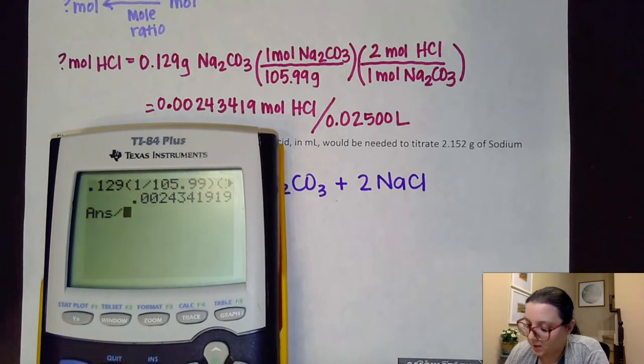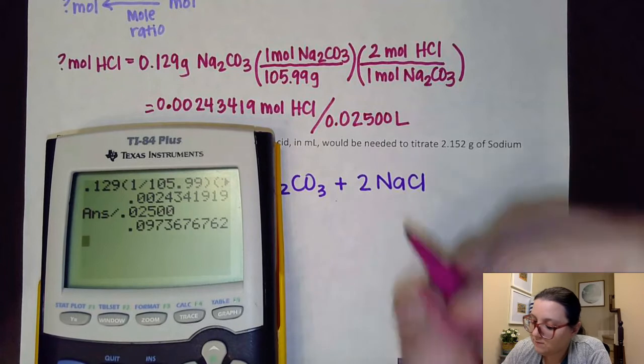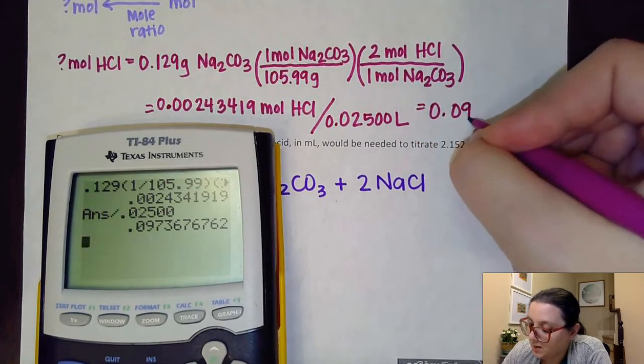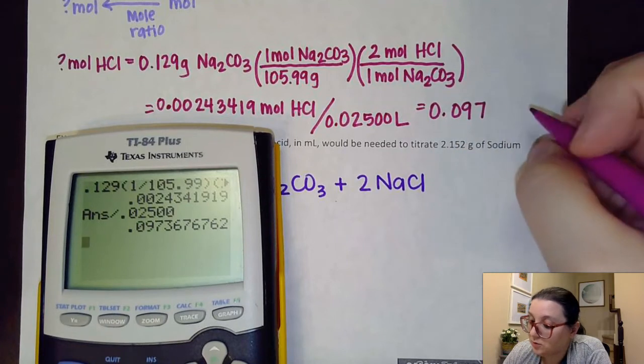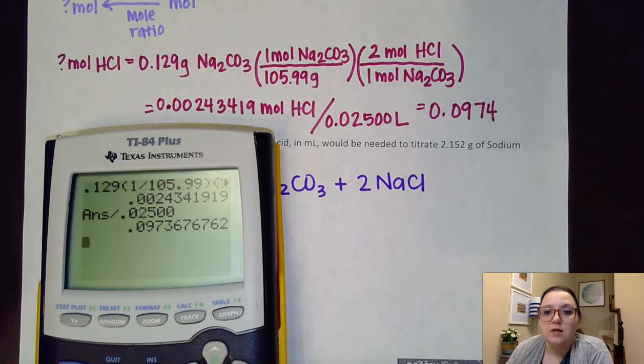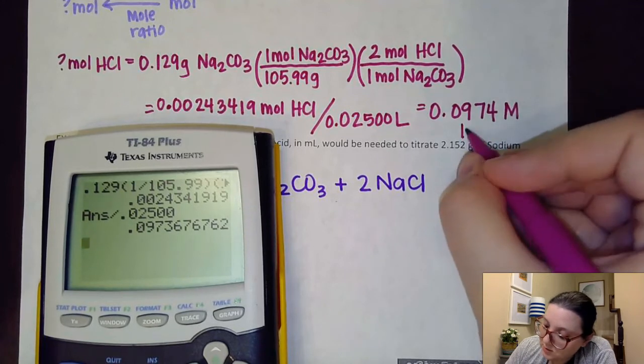So dividing it by 0.02500 would get me a value of 0.097, and I'm going to round this to 3 sig figs because my mass had 3 sig figs. So I'm going to use 0.0974, and that would be my molarity of my HCl.